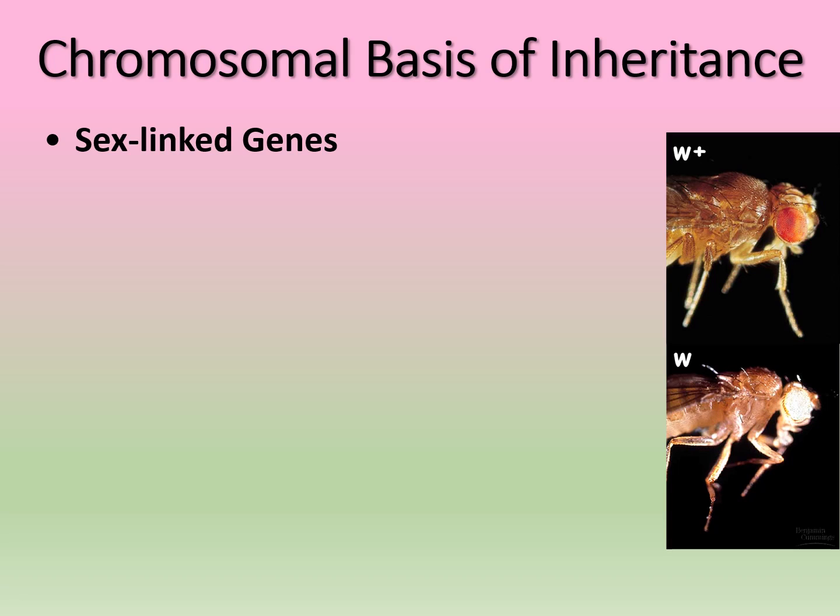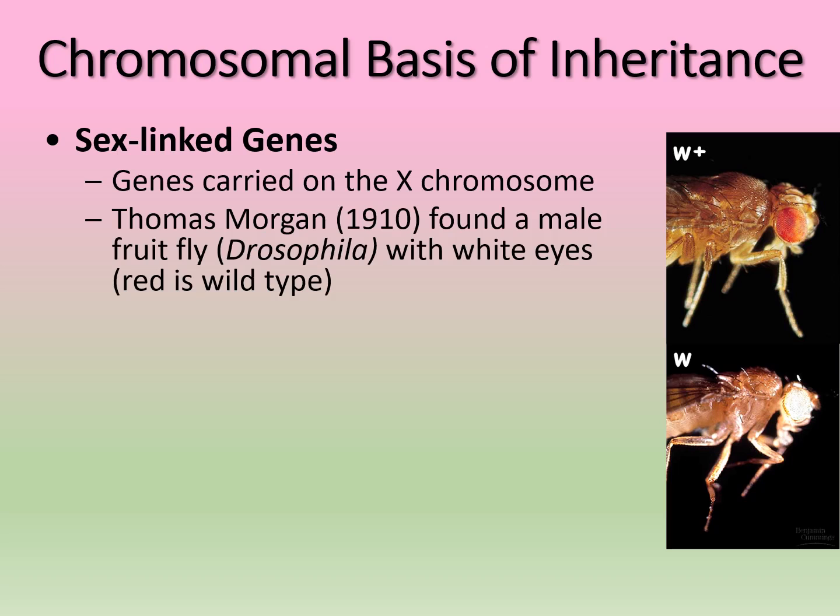Now we're going to talk about sex-linked genes. We just covered linked genes, which just means the genes are close by on the same chromosome, so they're going to get passed on together. So what happens with sex-linked genes? Remember, with our sex chromosomes, we have an X chromosome and a Y chromosome, and they are not completely homologous.